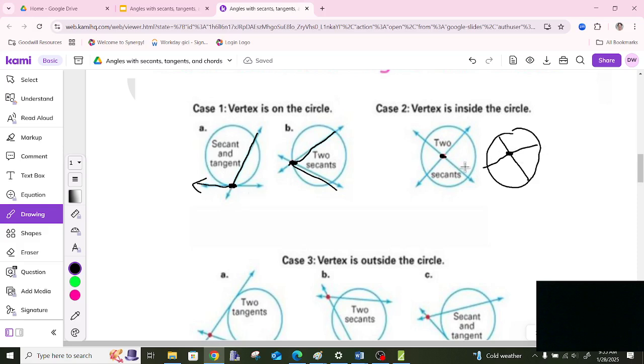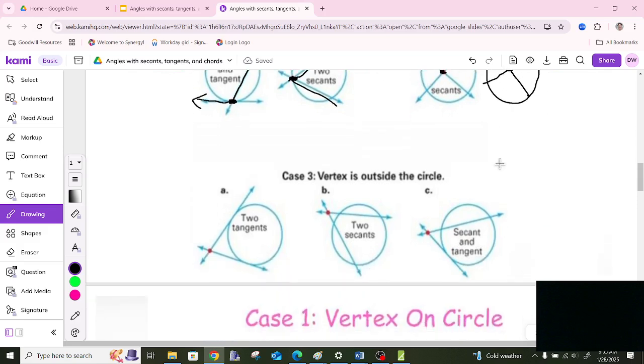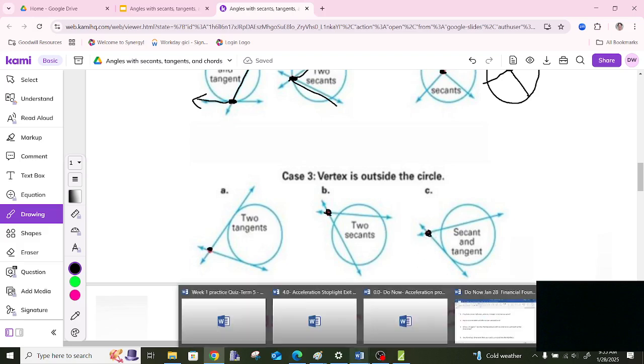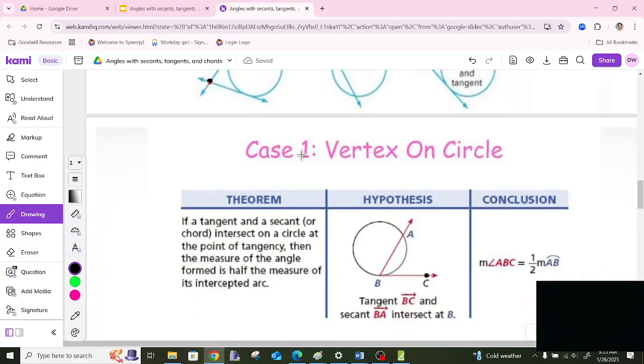On, in. And then this one's out. These two, the intersection is outside the circle. Where the vertex is tells you which formula you're going to use. Okay? So, let's talk about the formulas.